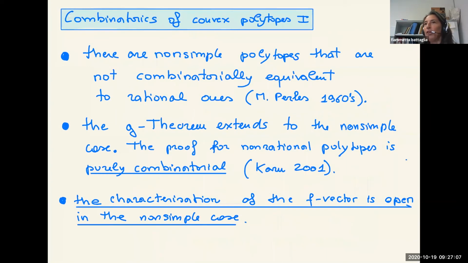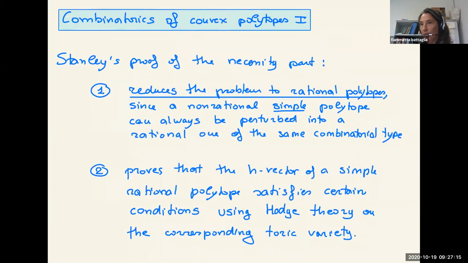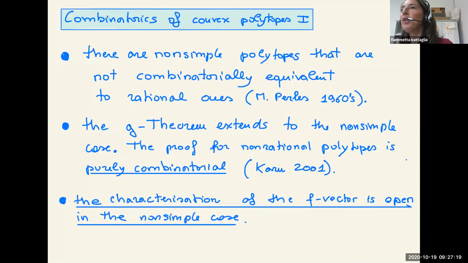Okay, so this is the argument of this proof. And what happens when the polytopes are non-simple? The G theorem was proved in this way for simple polytopes. When the polytopes are non-simple, the situation is a bit more complicated because there are non-rational, non-simple polytopes that are not combinatorially equivalent to rational ones.